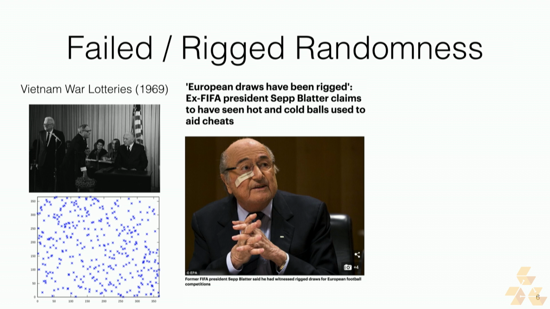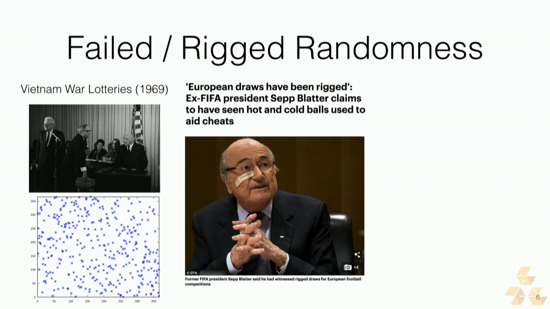For one of the European soccer competitions, they had a big urn where they put in the balls, from which one of the organizers of the lottery would pick the balls. It turns out that they were heating and cooling down those balls. So when the person went into the urn, the person could directly feel if it was a hot or a cold ball.